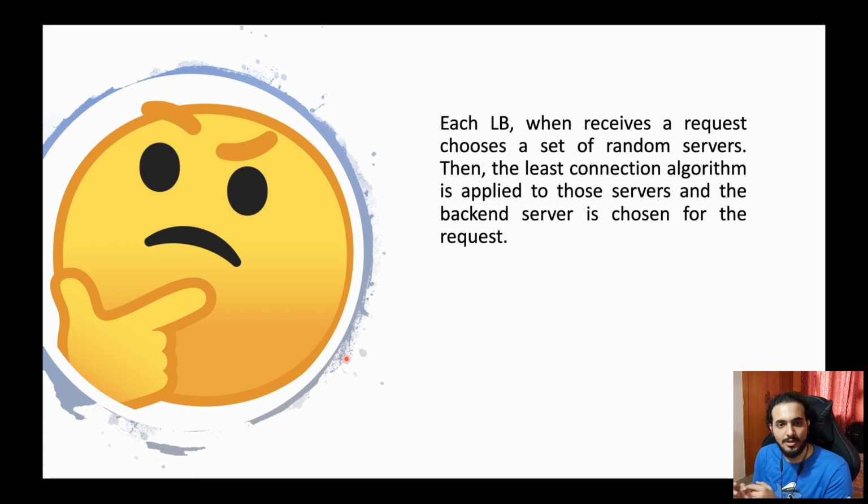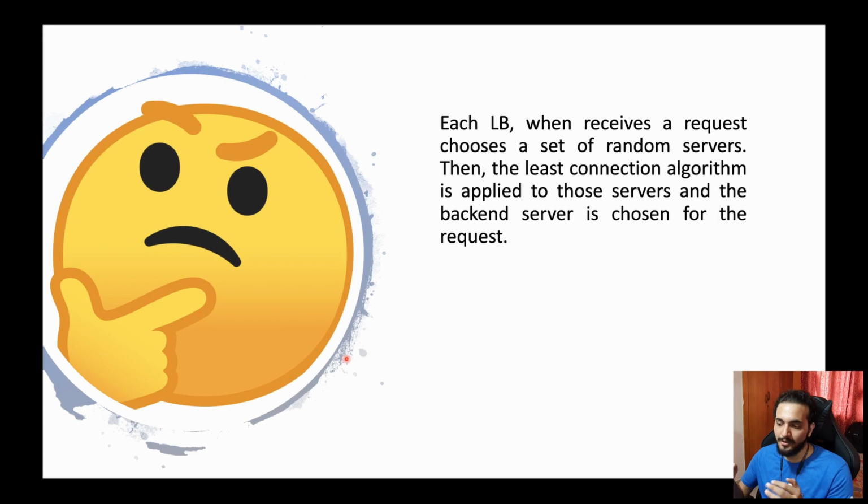From 100 servers, each load balancer is going to pick 10 servers randomly for every request it receives. Once it has a list of 10 servers, it's going to apply the least connections algorithm to those 10 servers. It's going to find out which is the server which has the least amount of requests awaiting in the queue, and it goes ahead and sends the request to that.